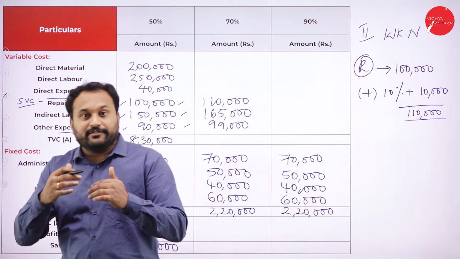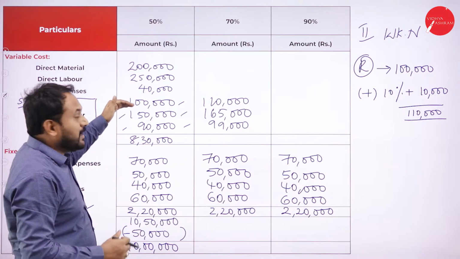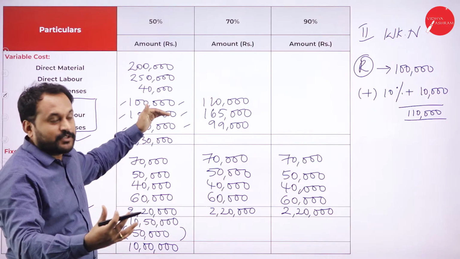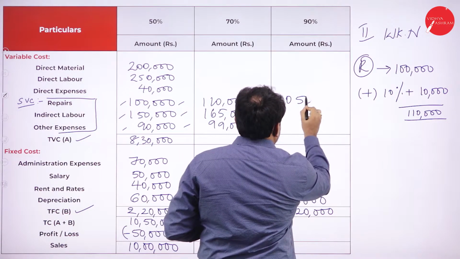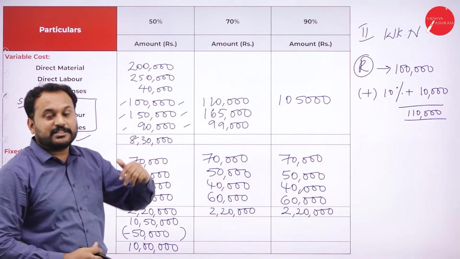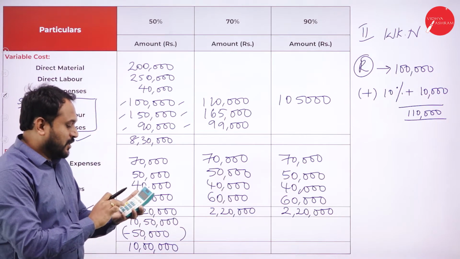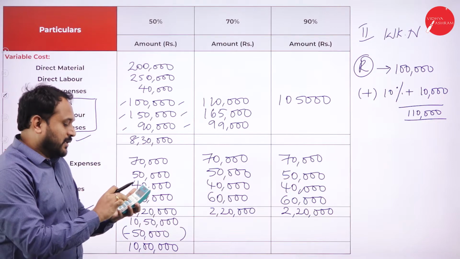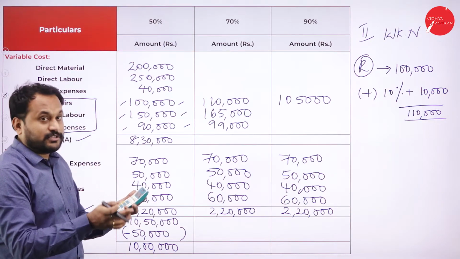Now, half of 10% is 5%, right? So 1 lakh plus 5% is 1 lakh 5,000. Now, 1 lakh 50,000 plus 5%. If you have any doubt, take a calculator. 1 lakh 50,000 into 5% is 7,500.